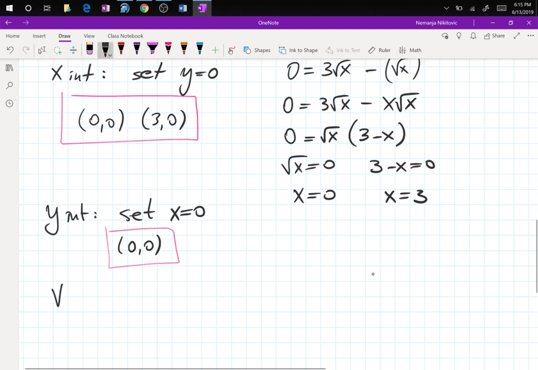The next one is vertical asymptote. Do we have any? Is there a vertical asymptote for square root of x? No. How about horizontal asymptote?